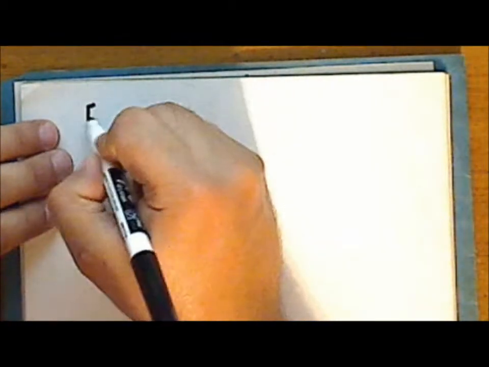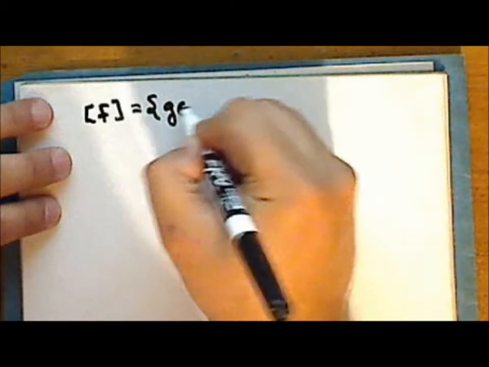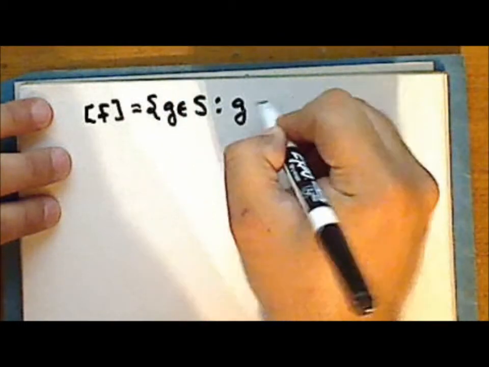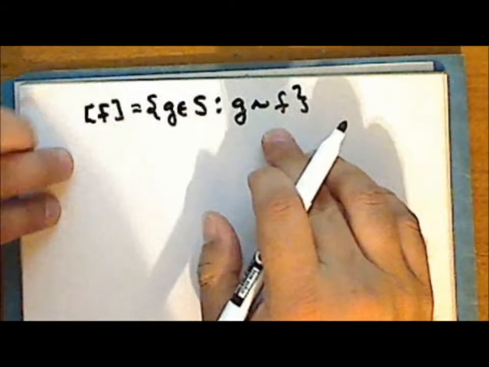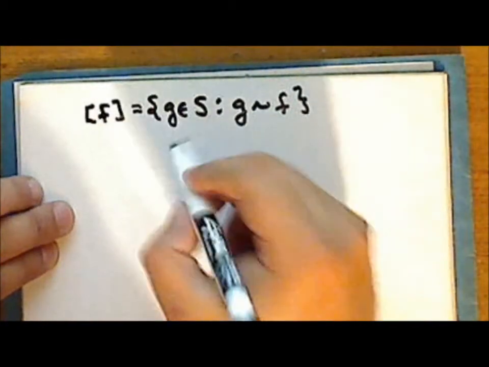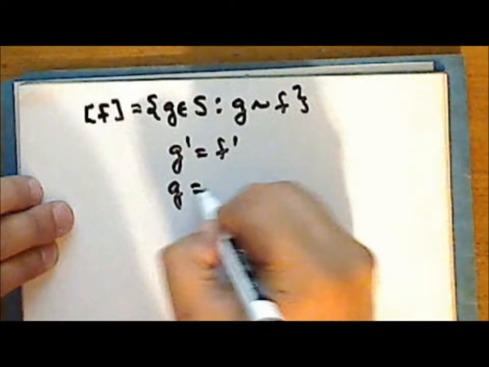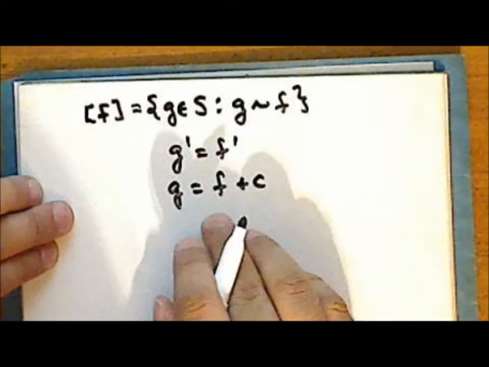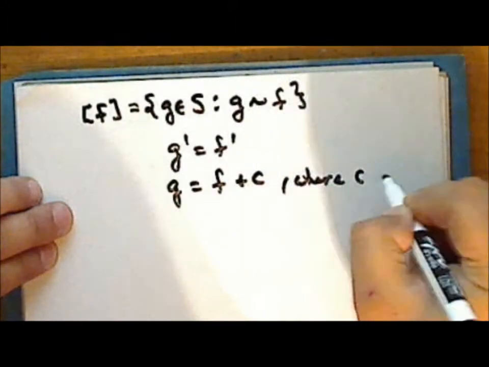So in this same example, the equivalence class of the relation that contains a given function f is the set of all functions g in the set S such that g is equivalent to the function f. By definition, this means that g prime is equal to f prime. So g differs from the function f by some constant c, where c is a real number.